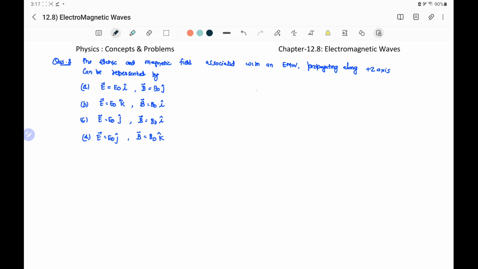We know that the direction of propagation K is parallel to the cross product of the electric and magnetic field vectors, and it is given that K is along the z-axis, that is, along the unit vector K. And E and B in options A, B, C, D are either along I or J or K. So to get the unit vector K by the cross product of E and B, using the property of cross product, it should be along I cross J. Because I cross J gives K, hence the electric field should be along I, that is the x-axis, and the magnetic field should be along J, that is the y-axis. So from the given options, option A is the correct option.